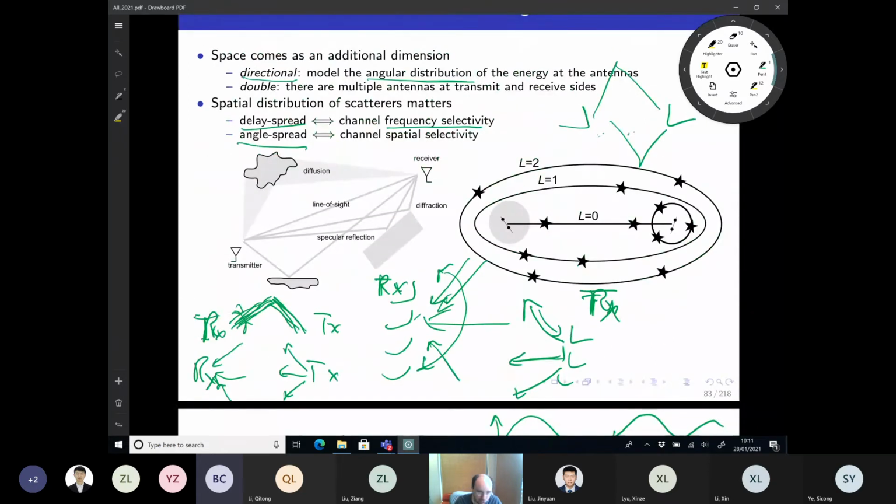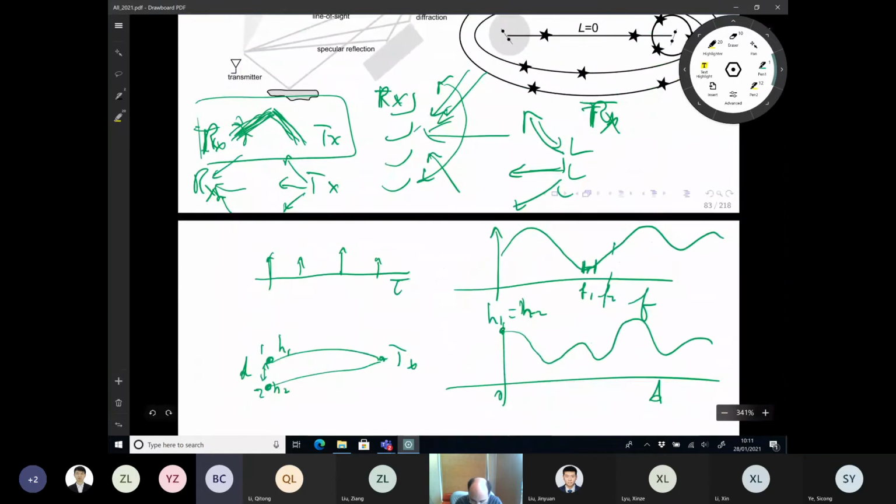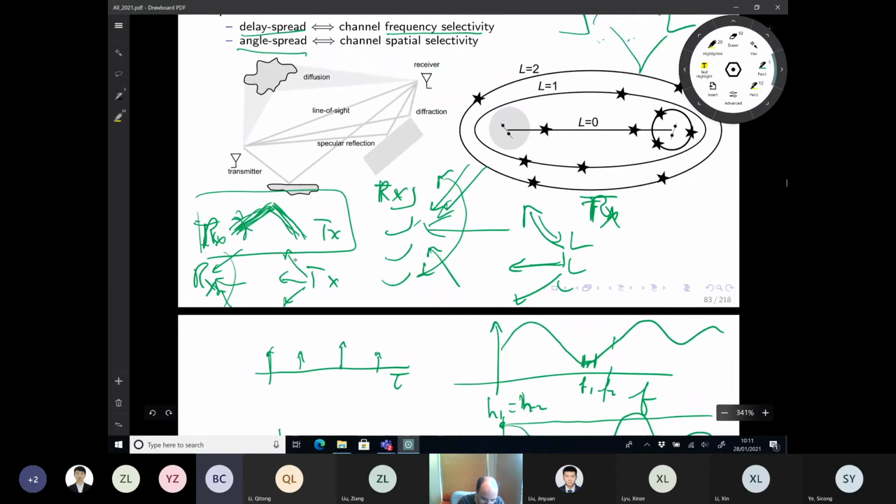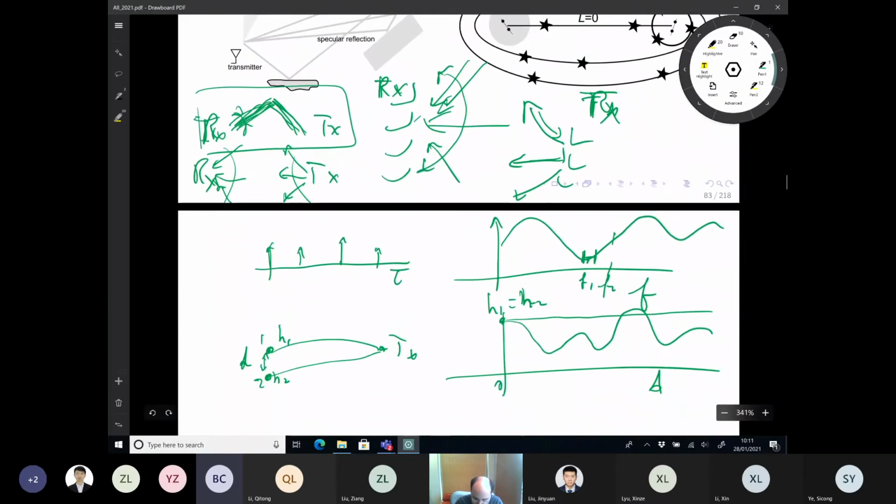So how much energy you have coming from all different directions versus having all the energy coming from one specific direction. If all the energy comes from one direction, you're going to have something that is much more flat, less spatial selectivity. If you have energy coming from many different directions, you're going to have something that is much more spatially selective.